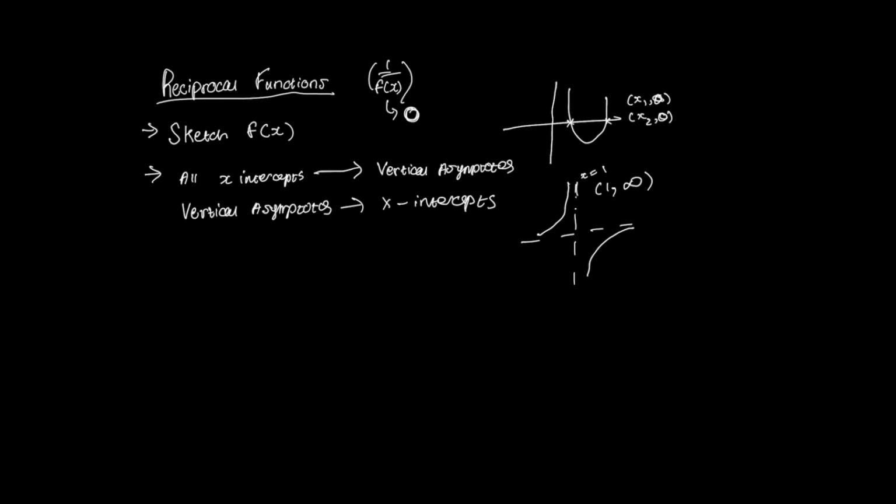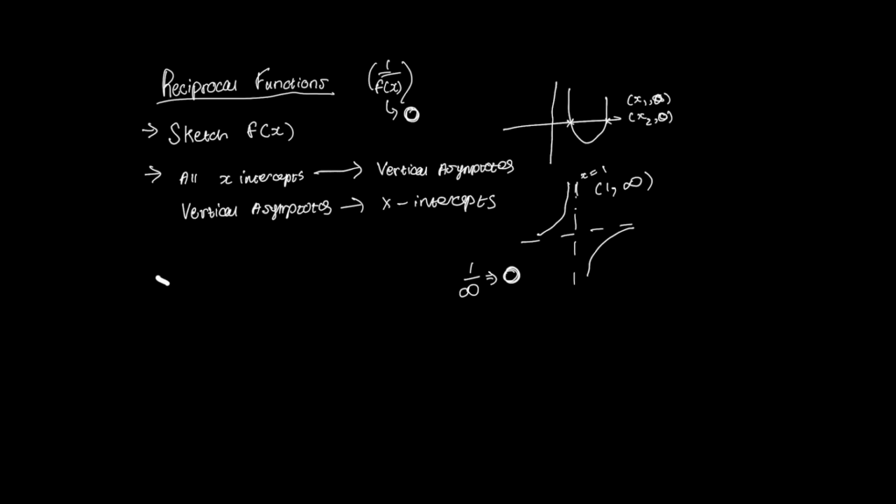If you substitute that into the reciprocal function, 1 over infinity would be nothing but 0. This is a basic rule that you have to know: 1 over 0 is equal to infinity, and therefore 1 over infinity would be equal to 0. That's why all the vertical asymptotes of the original function become x-intercepts of the reciprocal function.